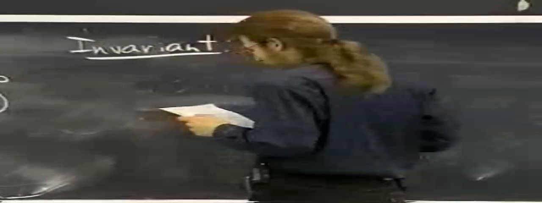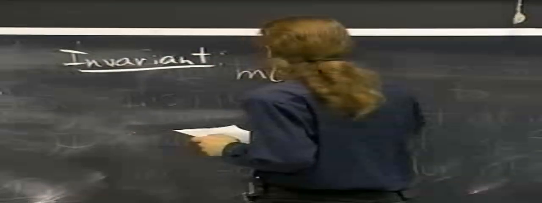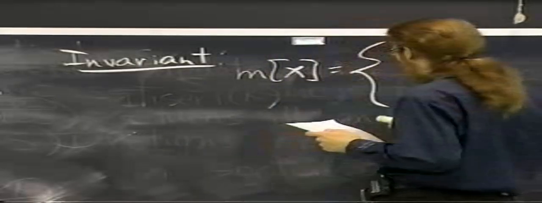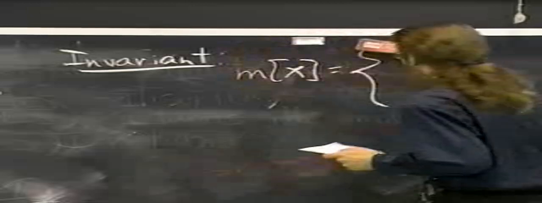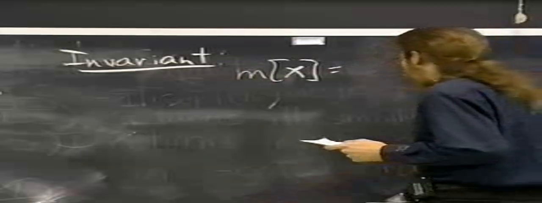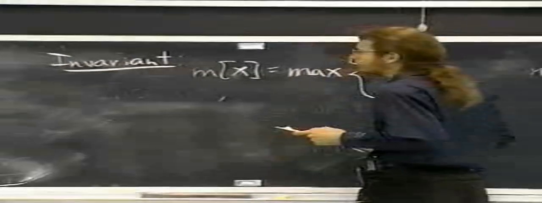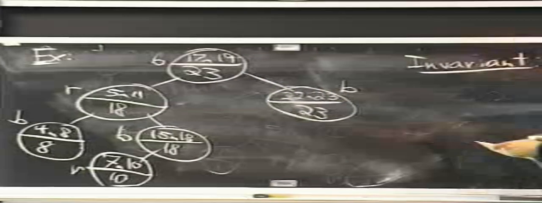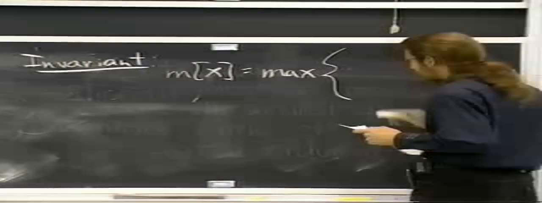Okay, why don't I put the invariant here? Okay, just like before, we have a nice local definition of what the m value is. It's the max of things. If I knew the max of my left child and the max of my right child, and I knew who I was, I can figure out the max of me.